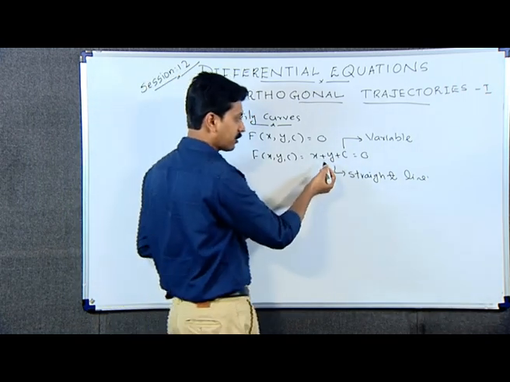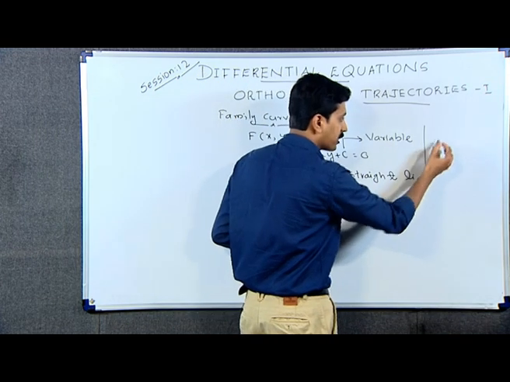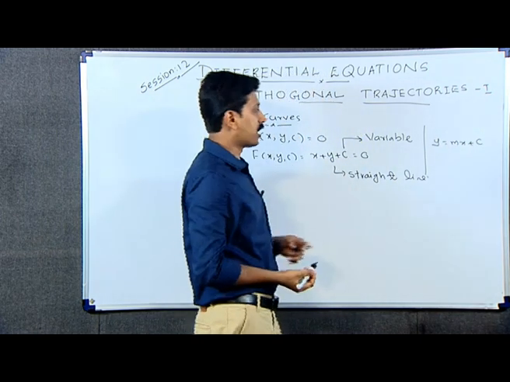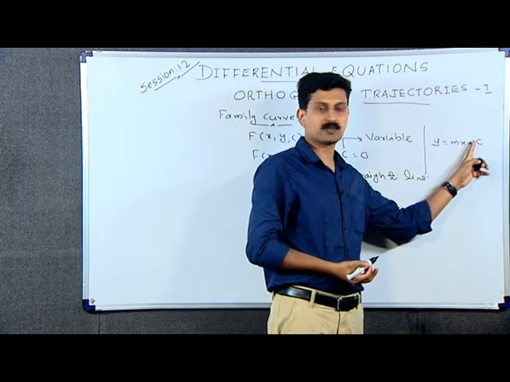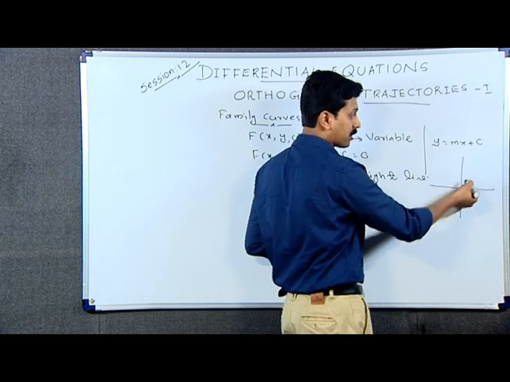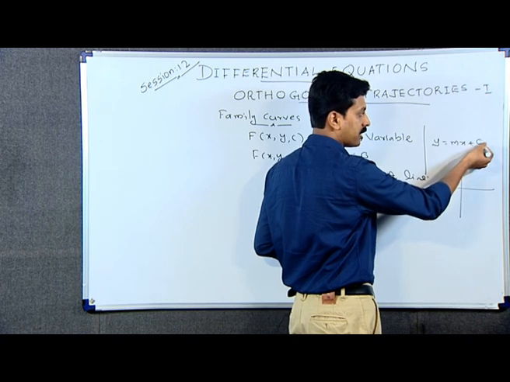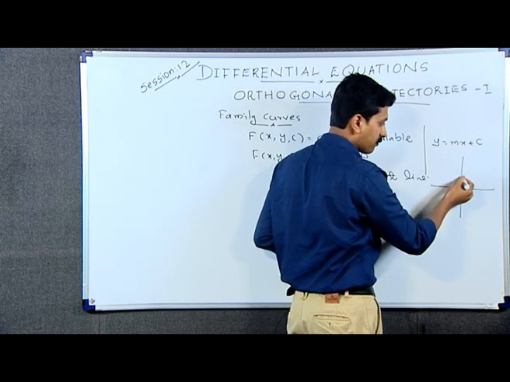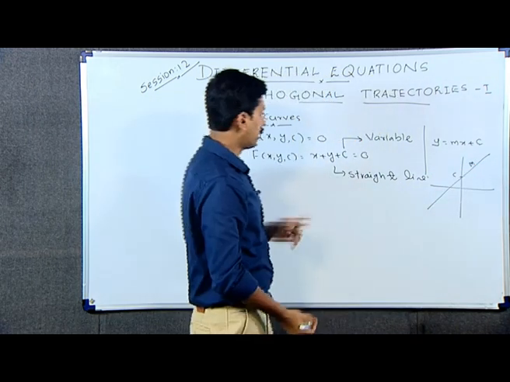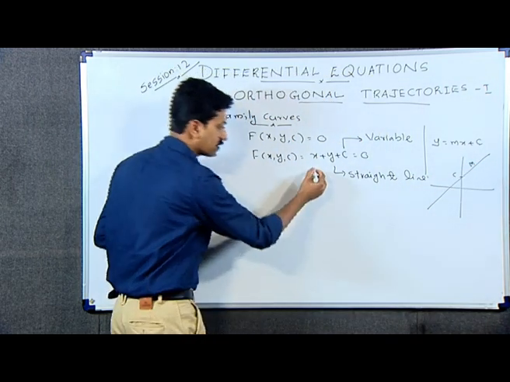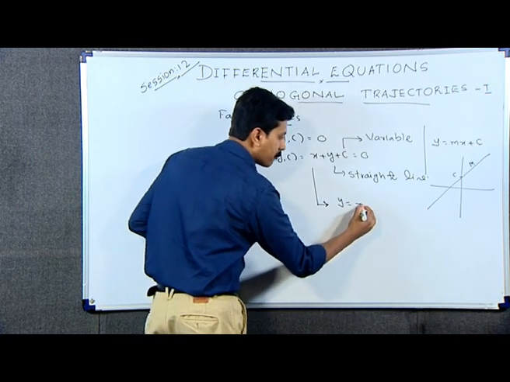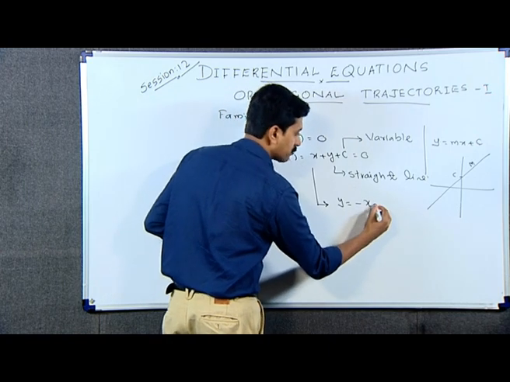We know that generally the equation of a line is y equal to mx plus c, the set of straight lines which cross the y axis at the point c, the y intercept, with slope m. Similarly, here we have a set of straight lines like y equal to minus x minus c.